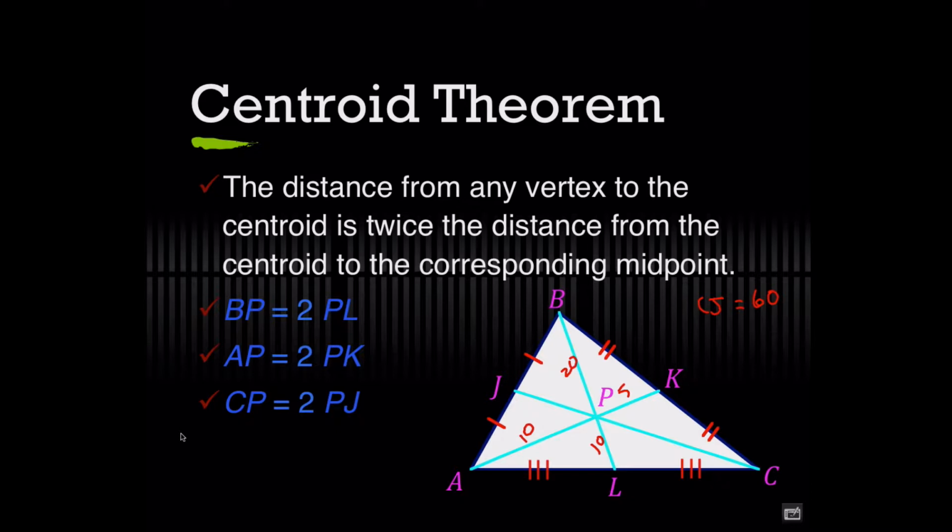Want some help? Forget about the 60 for a second. If PJ is x, how long is PC?